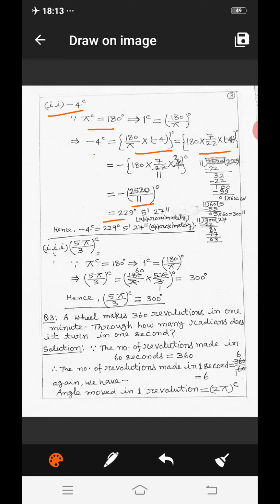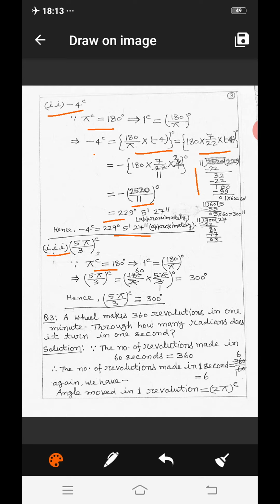Dear students, the computation is being explained on the right side. Hence minus 4 radian is equal to minus 229 degree 5 minutes 27 seconds approximately. Third part is 5 pi by 3 radian. Already we know pi radian is equal to 180 degree.